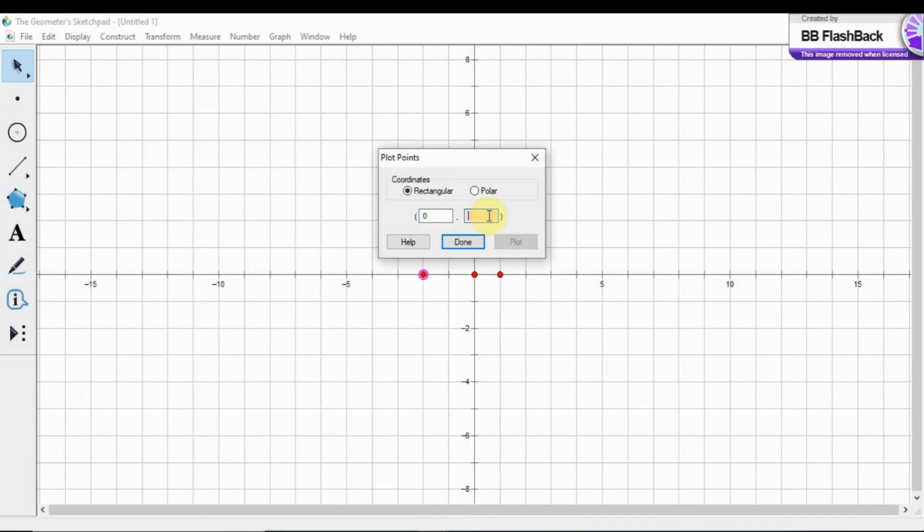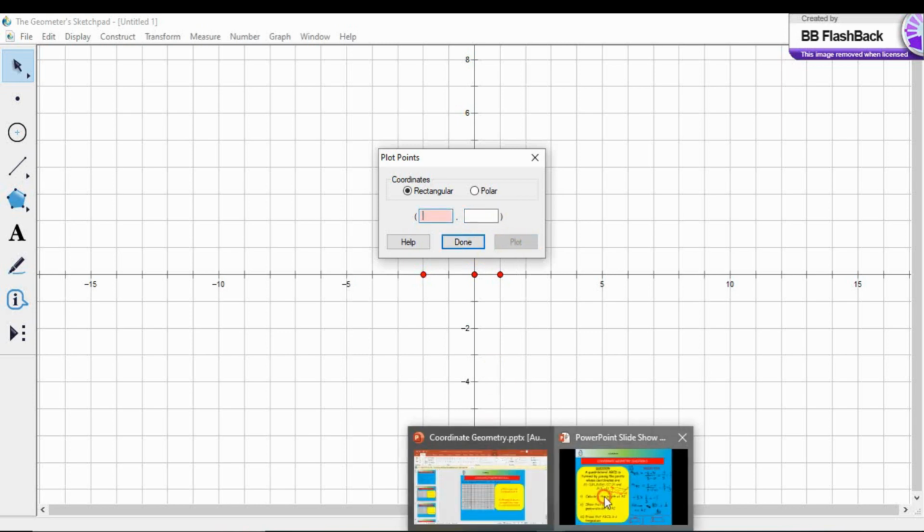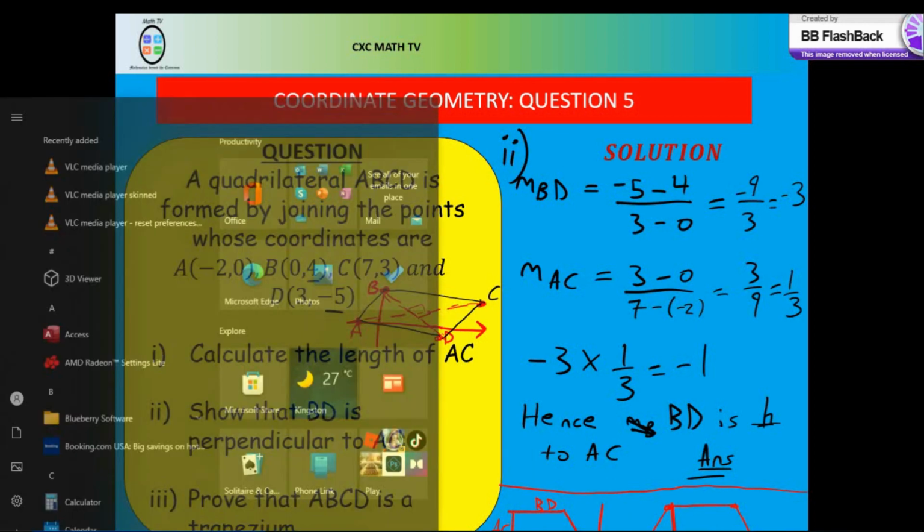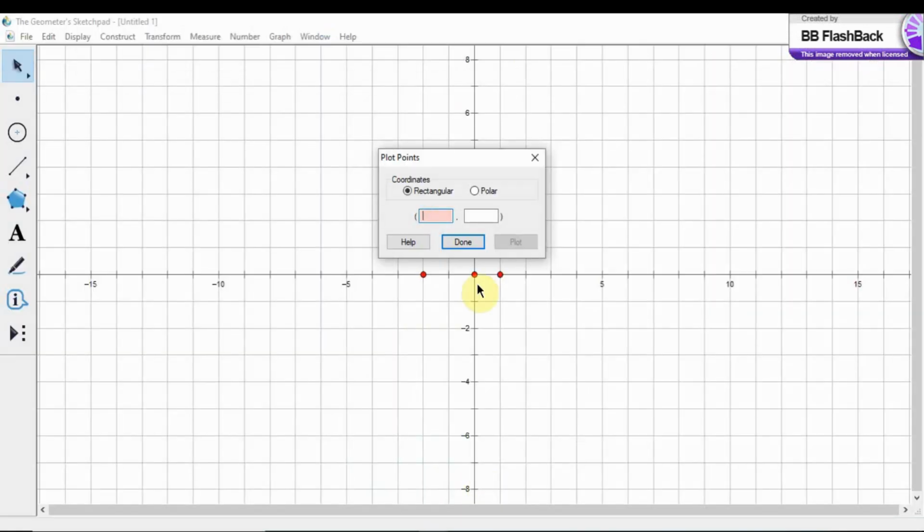It's always better when I do these questions where we can actually see the graph. Then now we have 7, 3, and then 3, negative 5.